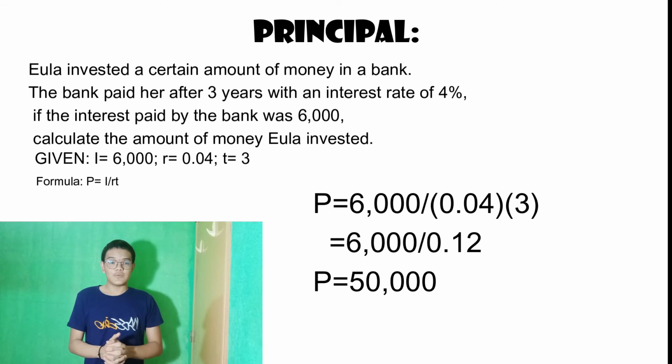First, we need to multiply the rate of interest and the time, so it will become 0.12. After that, we can now calculate the principal by dividing 6,000 by 0.12, which leads us to 50,000. Therefore, Yula invested 50,000 pesos in the bank.